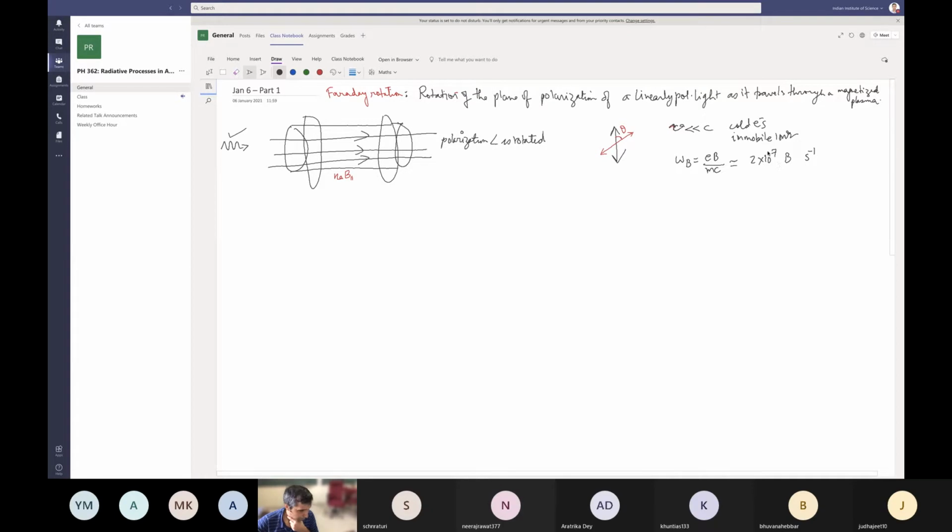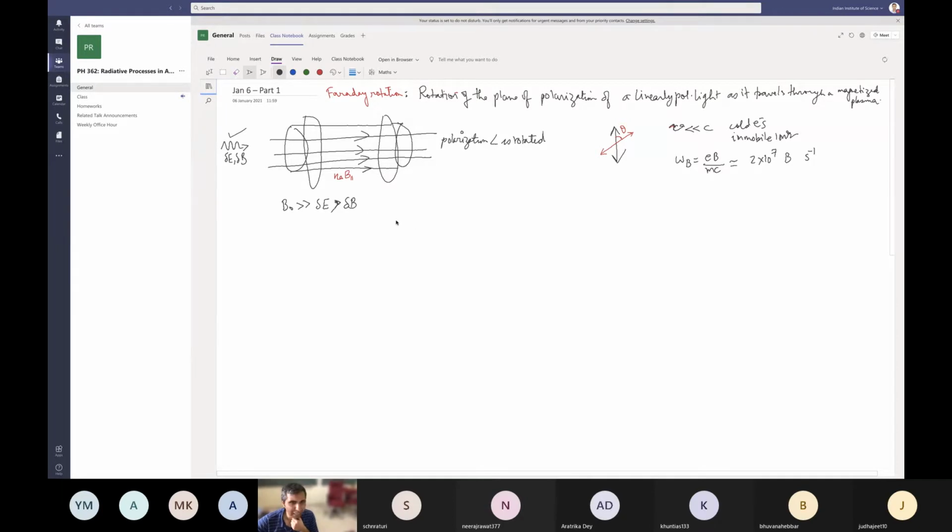And so we have this B naught, which is much bigger than delta E and delta B of the electromagnetic wave. So these electromagnetic waves have delta E and delta B. This B naught is the DC magnetic field due to this Helmholtz coil or whatever the magnetized medium is.